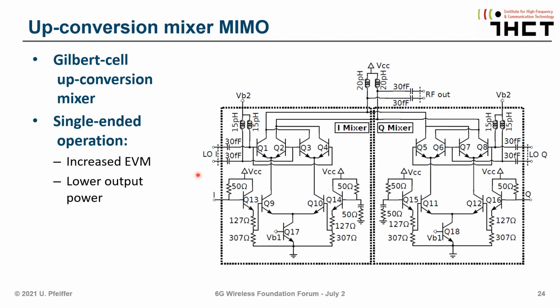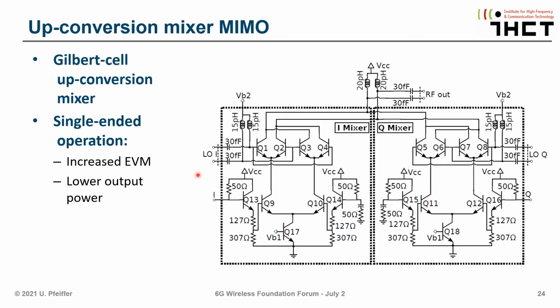First, we are going to take a look at the upconversion mixer circuitry that we are using in the MIMO system. I don't really want to go too much into circuits here at this point, but just to show you again, the basic hardware that we're using is a pretty standard kind of Gilbert cell upconversion mixer. But as I said to you before, we are using here basically a single-ended drive at the input, and the other side is kind of terminating to 50 ohm.